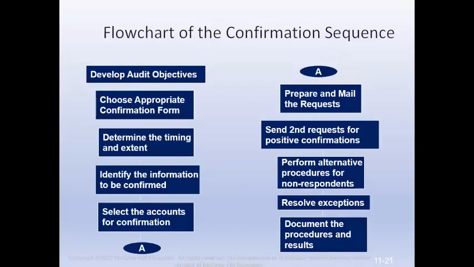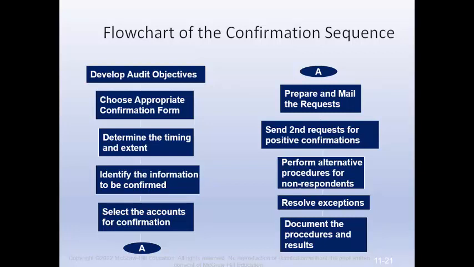This flow chart shows the steps that are involved in the confirmation process for accounts receivable, beginning with developing the audit objectives and choosing the appropriate confirmation form and timing. Next, the auditor identifies the information and selects the accounts to be confirmed. After the confirmations are prepared and mailed to the customers by the auditors, it is important that the responses be received directly by the auditors.